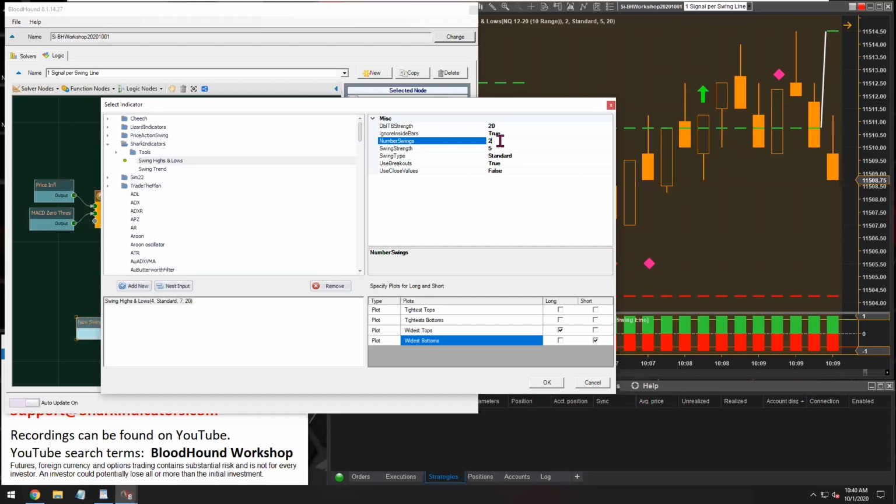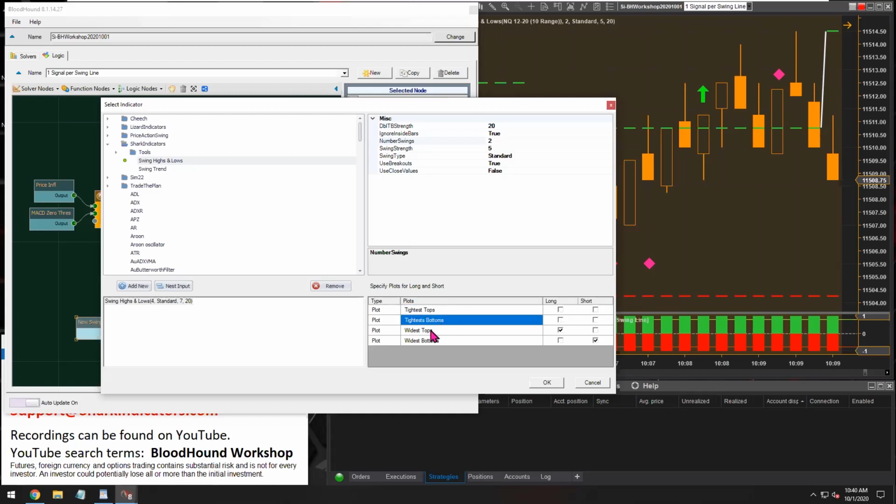So you can think of the number of swings as kind of like a look back period. How many swing points looking backwards in time do you want to evaluate? And so the tightest tops and the tightest bottoms plotted there, those are intermediate swing points.